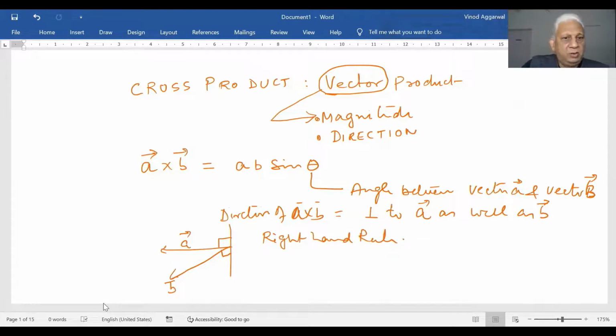This rule says, put your hand at the junction, then curl your fingers in the direction you have written it: A to B, A cross B. A cross B, by the way, is not the same as B cross A. We'll see why it is not so. So when we say A cross B, curl your fingers so that they go from A to B like this.